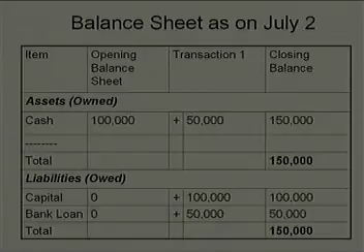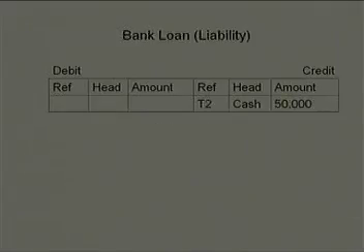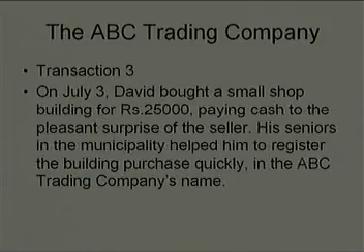Now, we move on to the next transaction. On July 3rd, David bought a small shop building for rupees 25,000, paying cash to the pleasant surprise of the seller. His seniors in the municipality helped him to register the building purchase quickly in the ABC Trading Company's name.